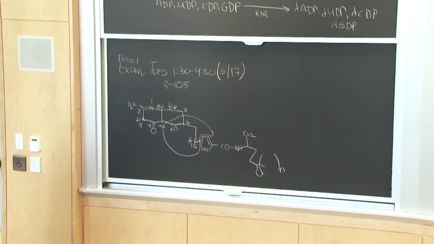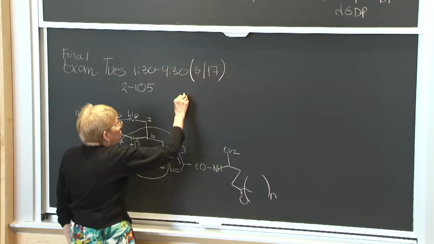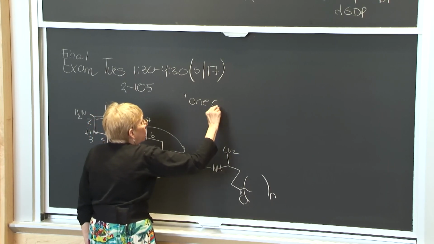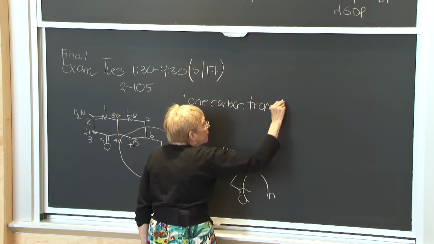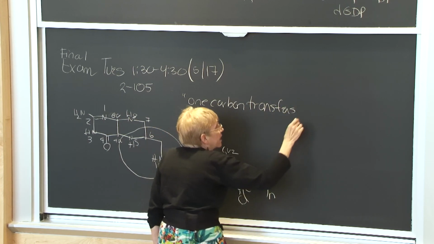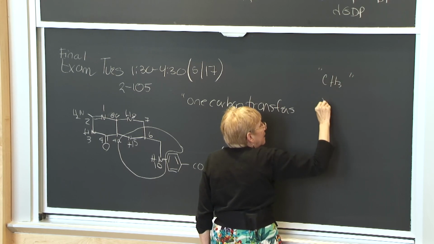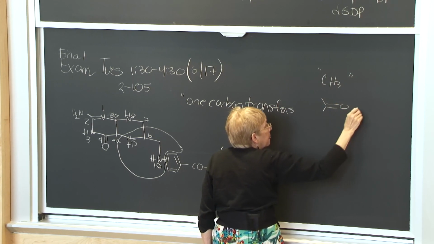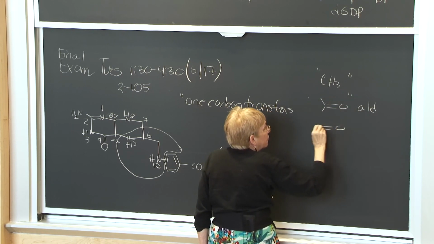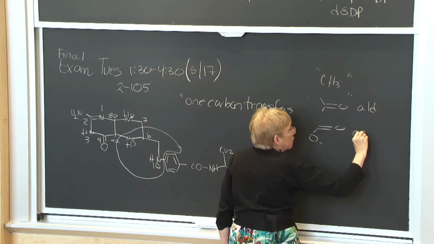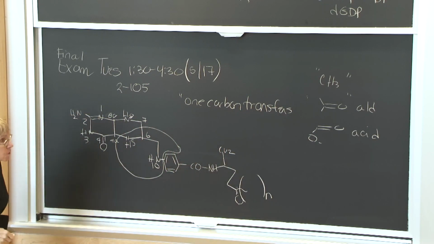These molecules are only involved in one carbon transfer. So the major focus is one carbon transfers. And it can do it in the methyl state, in the aldehyde state, or it can do it in the acid state. So all three oxidation states for one carbon transfers.